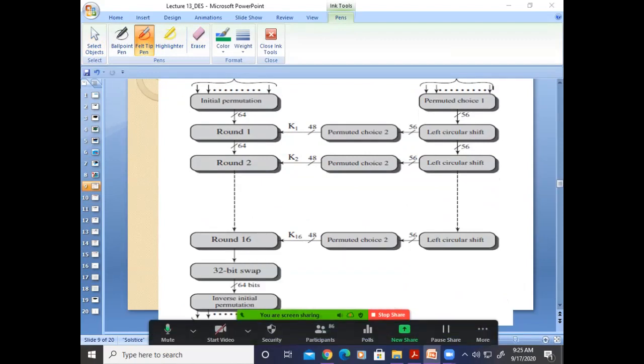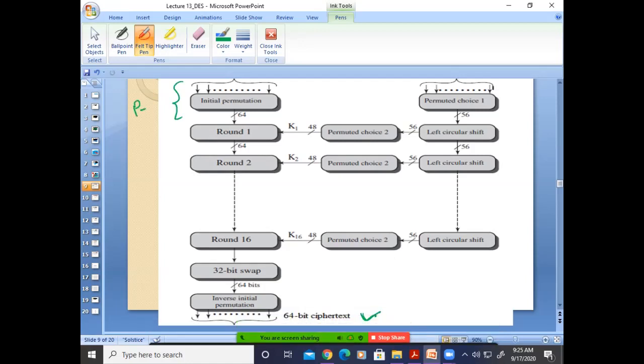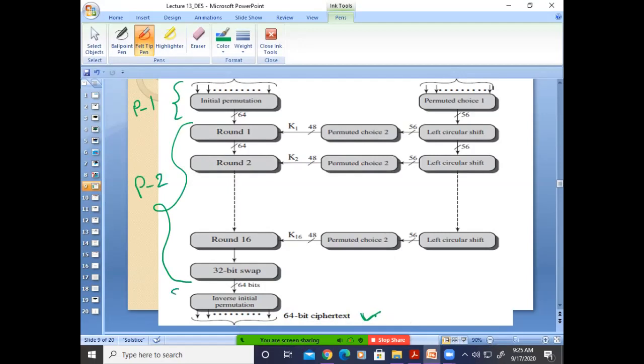So now what is happening here? This is phase 1, this is phase 2 and this is phase 3. Clear, all of you? Phase 1 is the initial permutation, then phase 2 is 16 rounds with the same functionalities but different subkeys. Before it passes through the inverse initial permutation, there is a swap, then the final ciphertext.